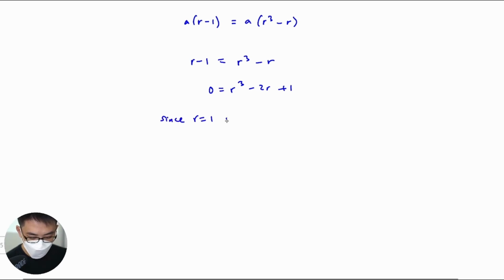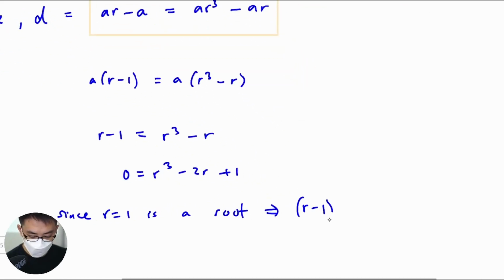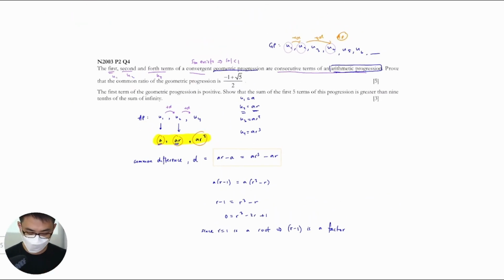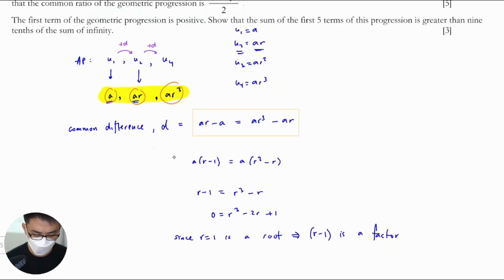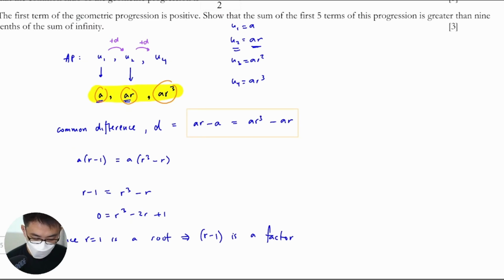Since R equals 1 is a root, R minus 1 is a factor. You need to find the exact root.